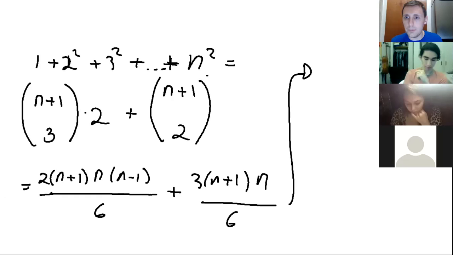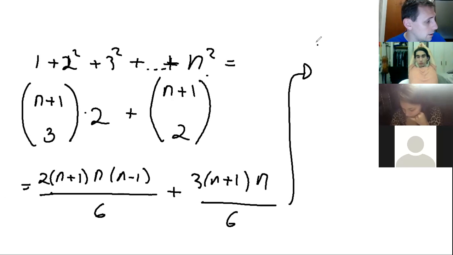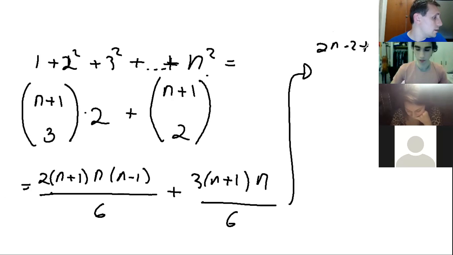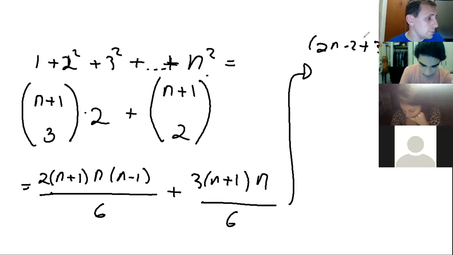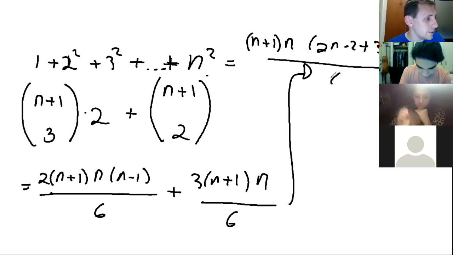Make sure that I'm not making some error. So I factor out n plus 1 times n, and I have that 2n minus 2 plus 3, multiplied by n plus 1 and by n divided by 6.